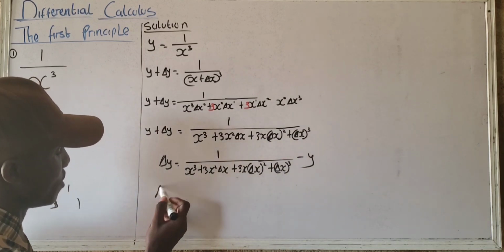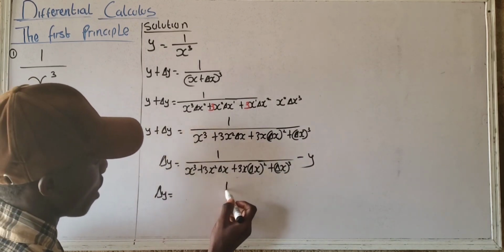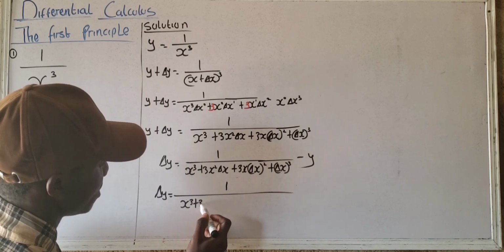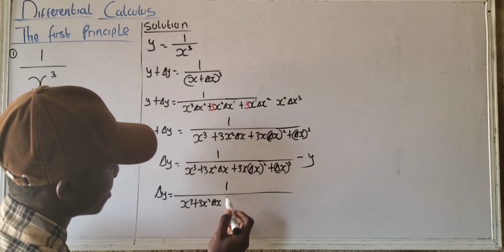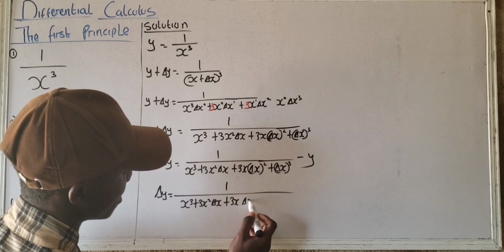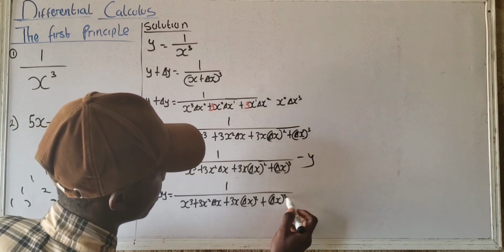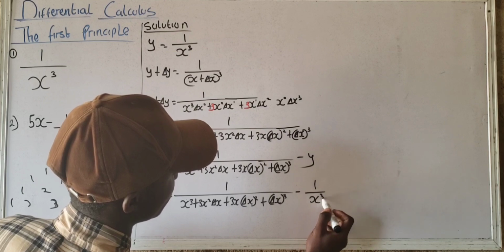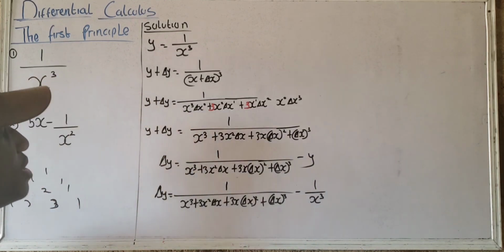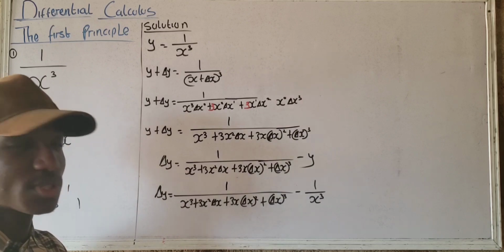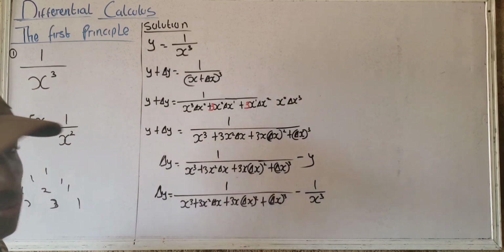So I'm going to have delta y is equal to 1 all over x raised to the power of 3 plus 3x squared delta x plus 3x delta x squared plus delta x raised to the power of 3 minus 1 all over x raised to the power of 3. Okay? Now, having gotten to this point, the next step is that we have to take the LCM of both fractions.